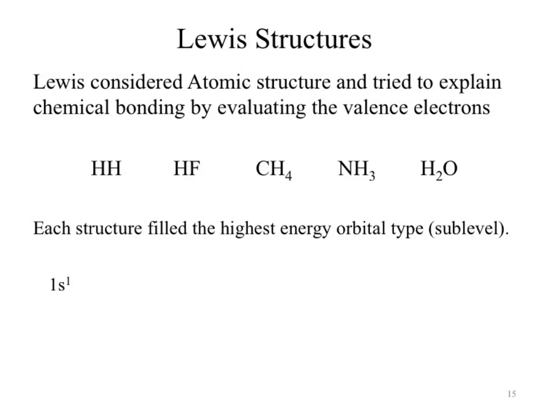Why did he not start looking at how silver interacts? Or how, say, maybe barium interacts? It's so big, it's going to change the complexity of the question that he's trying to answer. So he simplified it down and looked at some very basic structures and said, okay, I know these molecules exist. I want to try and explain how they can exist.